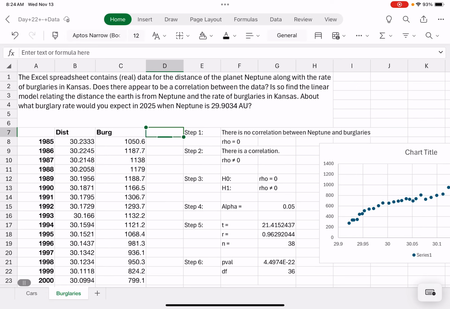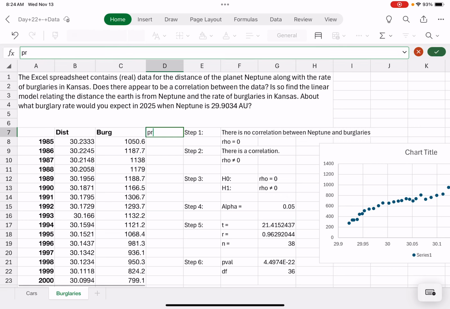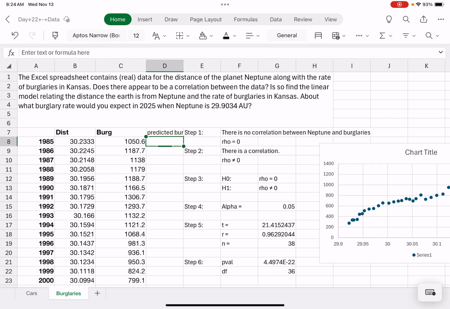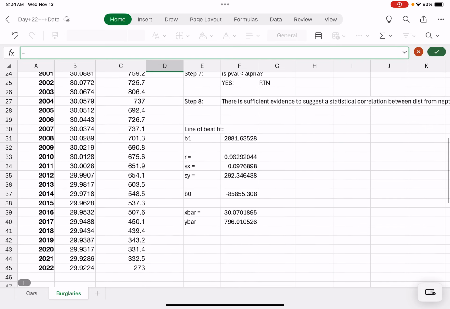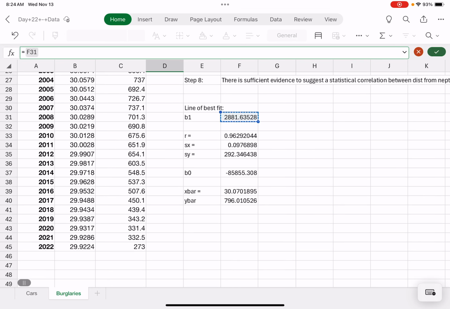So this is going to be my predicted burglaries. And it is going to equal my slope, which is right there. So look at that slope, 2,881.